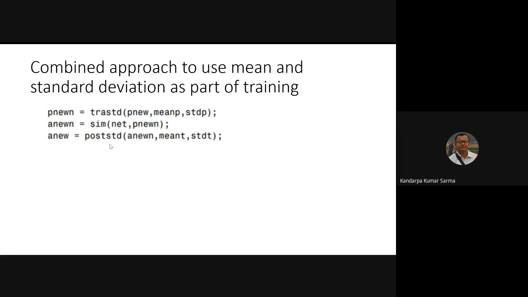We can now remove the contribution of the mean and the standard deviation by the use of the function post std, a nu, n, min t and std dt. So we can do that, and then before training and post training, we can put and remove the contributions of the mean and standard deviation values, and then have a better means of training of the ANN.